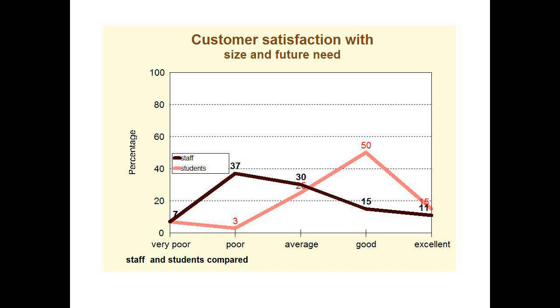If we look at the spread on those numbers, size and considering future need of that building space, we can see that a lot of the staff are rating it very poor or average compared to the students. The students believe it's good or excellent.